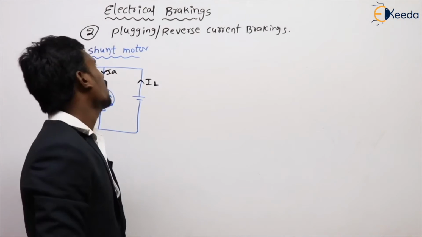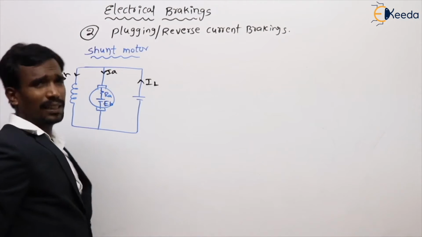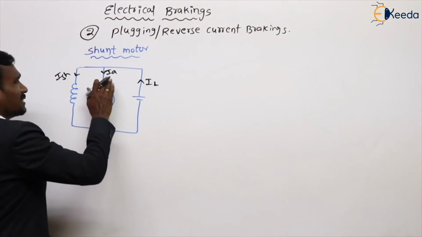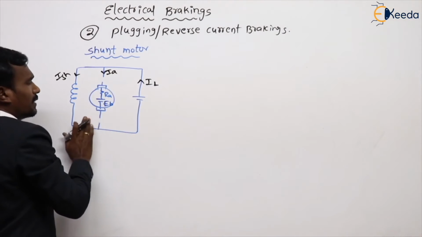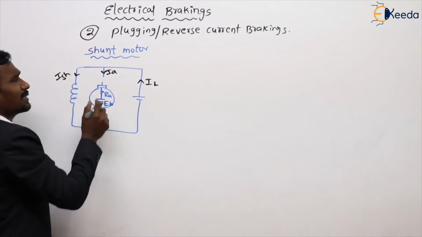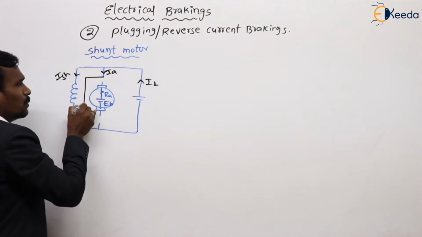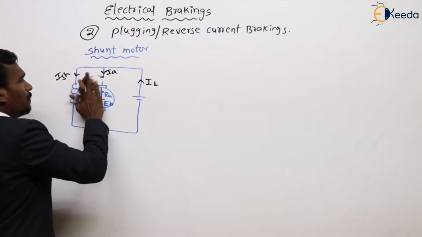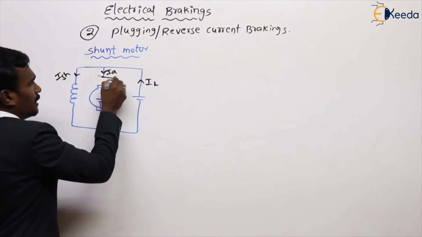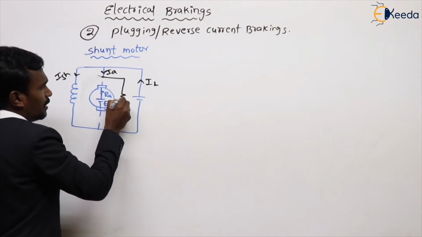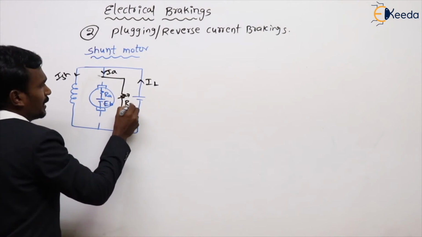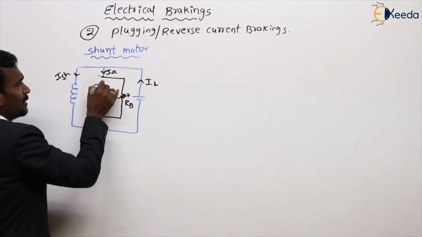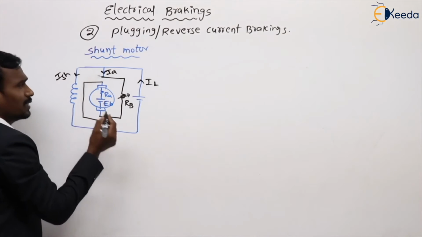How can we brake? By applying plugging. Plugging is nothing but the armature terminals are reversed. Let's see how we can reverse the armature terminals. Like this, the braking resistance is connected like this, and this is connected here.